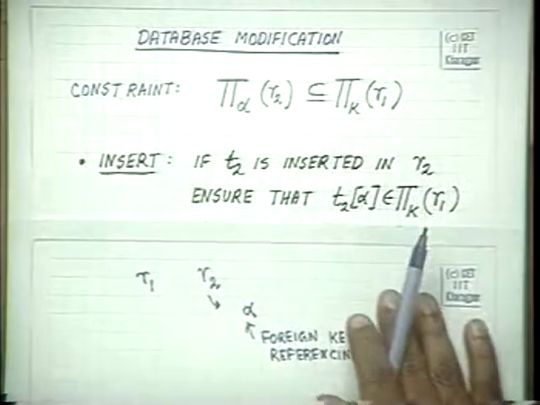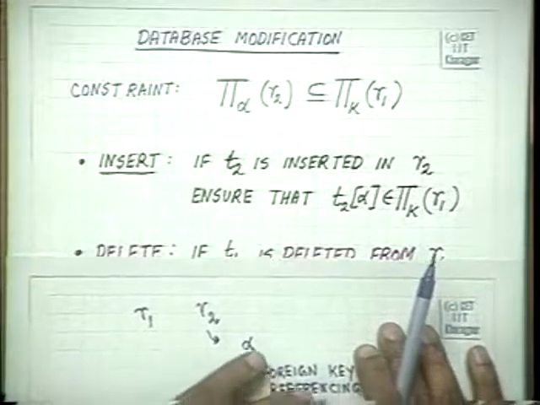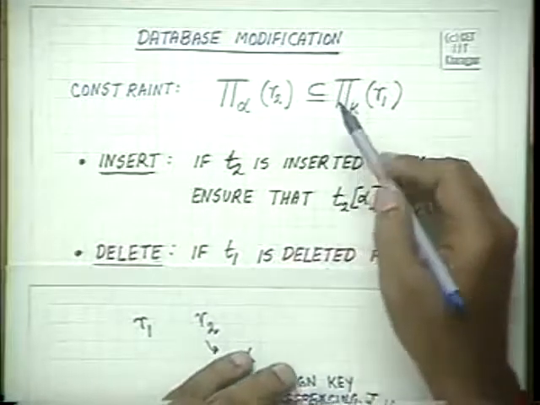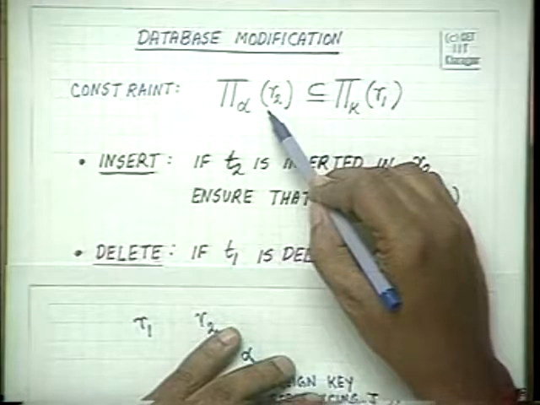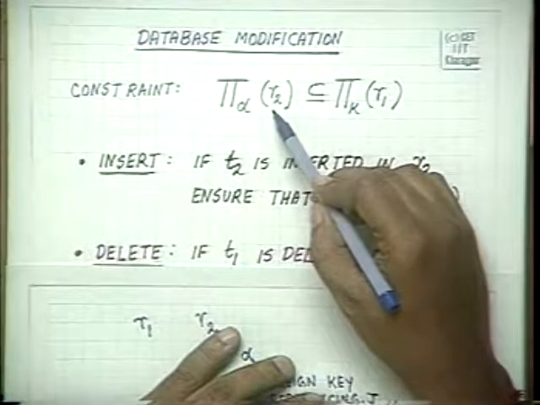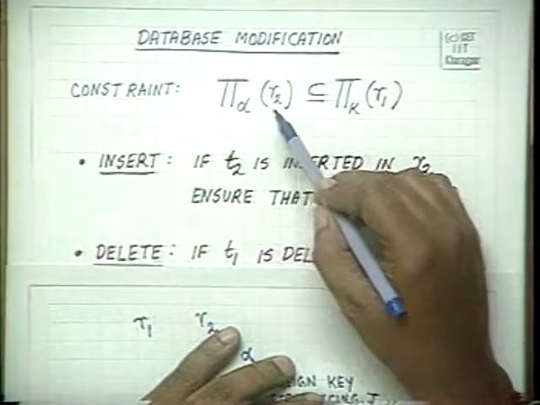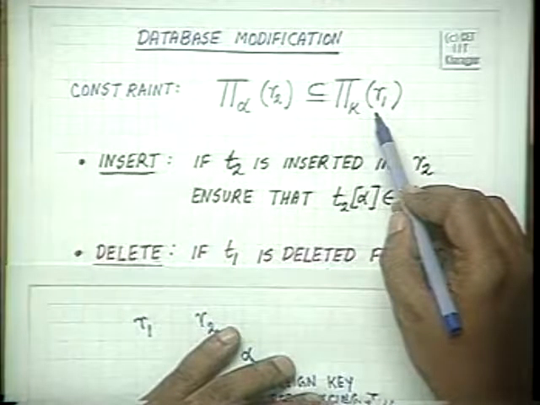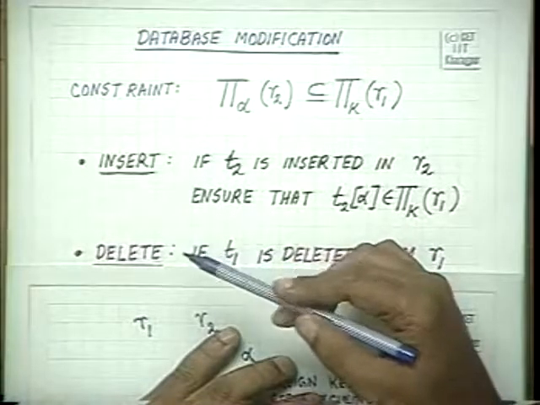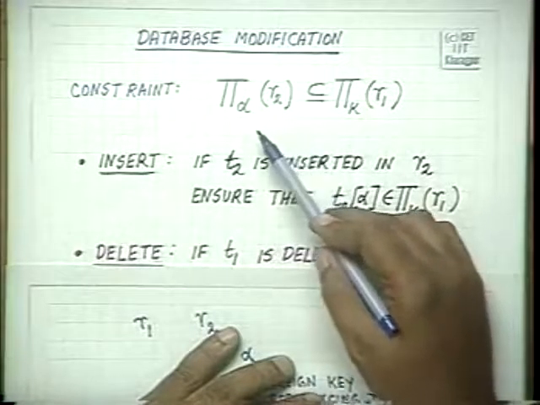The next is delete. Now, if an element is deleted from R2, there is no problem, because we do not have to check anything. But if an element is deleted from R1, then we have to ensure that there is no dangling element left behind in R2.